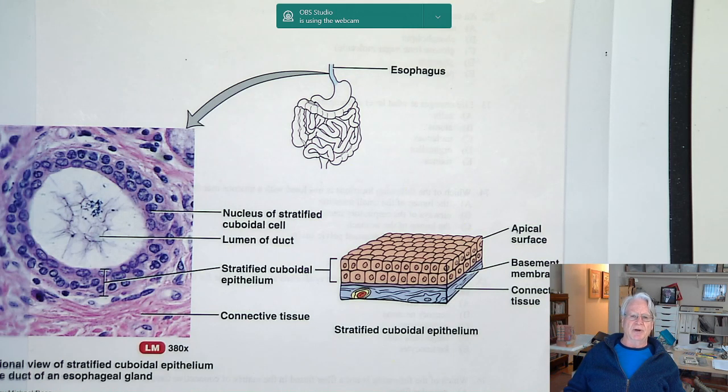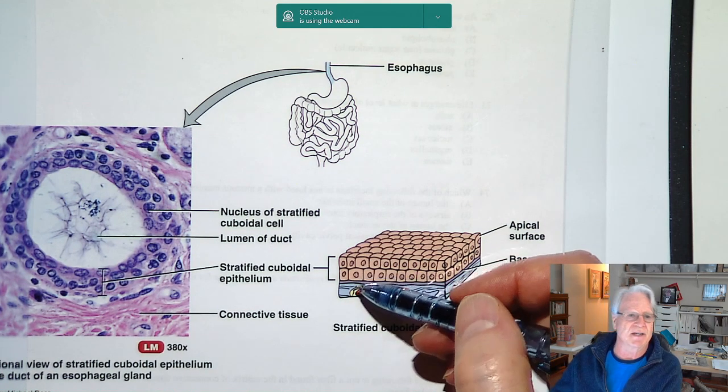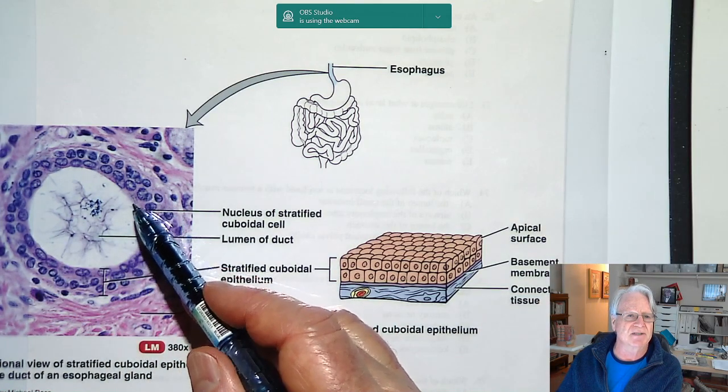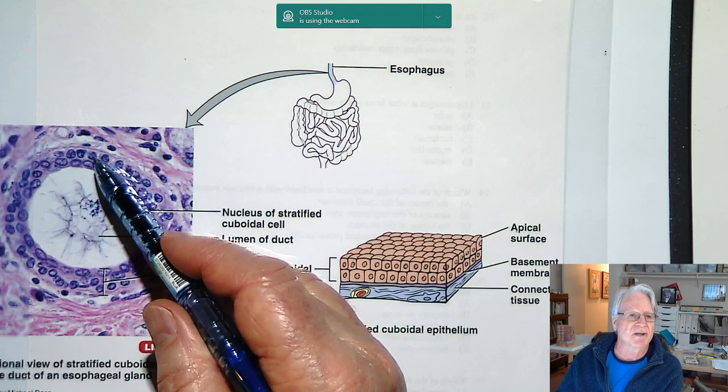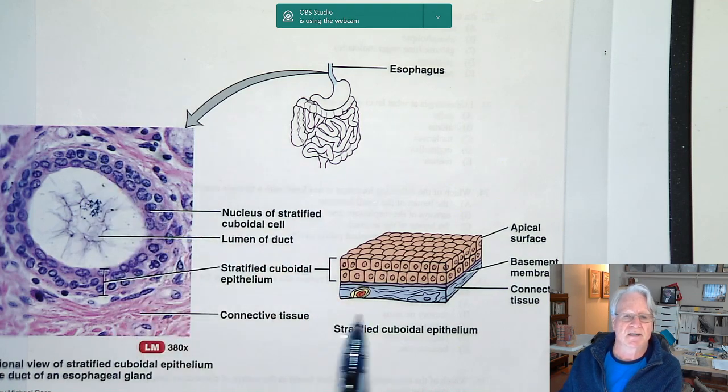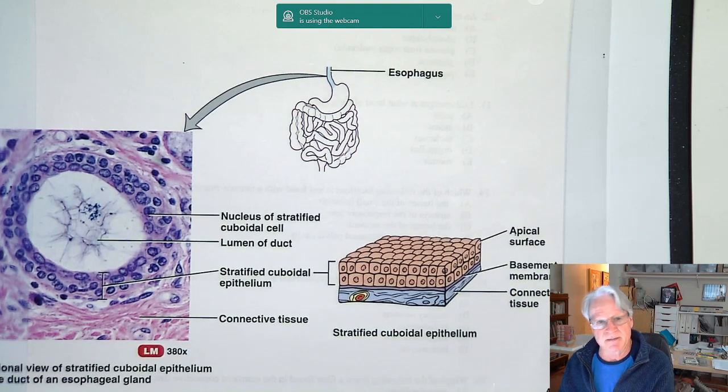So stratified cuboidal is the exception to that. And we can see just 2 layers of cells there. And it's sometimes difficult to actually know. It's clear here. There is a very clear picture of 2 layers of cells right there. Okay, so stratified cuboidal epithelium.